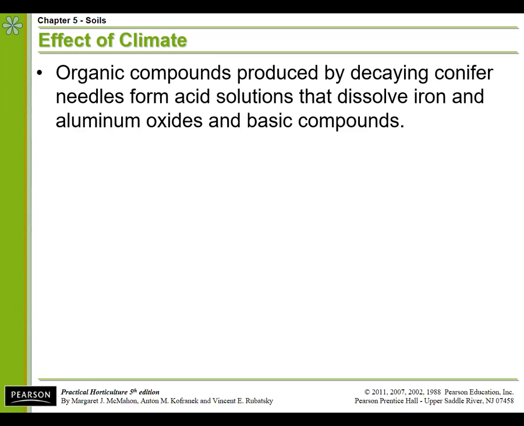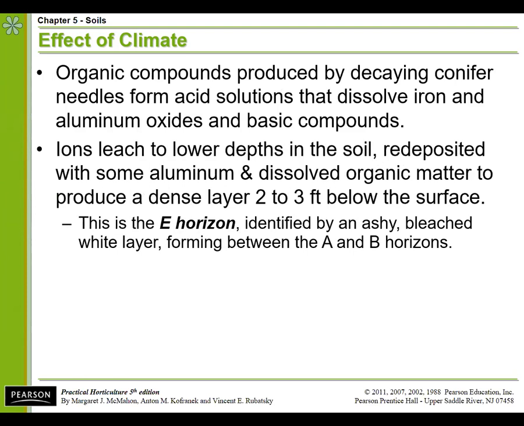But in the soils, they form these acid solutions that help to dissolve iron and aluminum oxides in the basic compounds. That causes these ions to form and then leach into lower depths in the soil. This produces a little layer in between, often the A and B horizons, known as the E horizon.